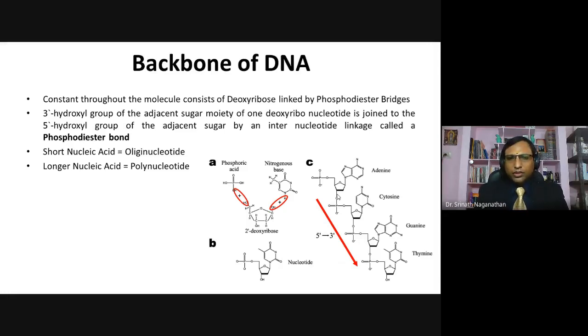The 3' hydroxyl group gets paired or adjacent to the moiety of the sugar of another deoxyribose group at the 5' position, and thereby this forms the 3' to 5' linkage. The bond formed here is the phosphodiester bond. Short nucleotide chains we call oligonucleotides, and long nucleic acids we call polynucleotides.